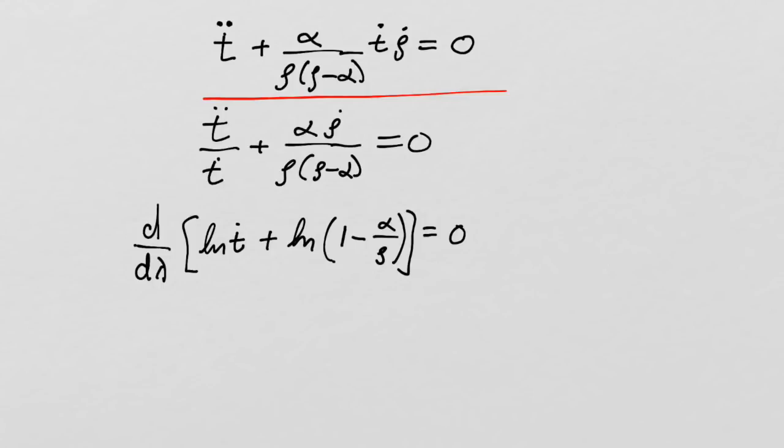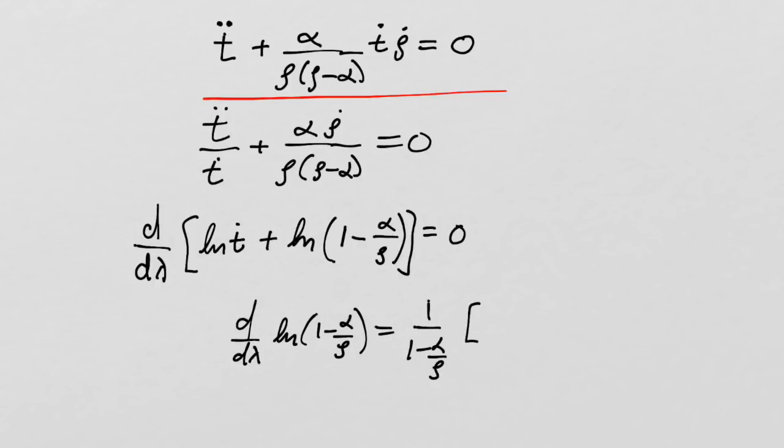Okay, so how do we know? Well, d by d lambda of ln of 1 minus alpha over rho is, the derivative of the log is 1 over 1 minus alpha over rho times the derivative of the inside, which is minus minus, which is plus alpha over rho squared rho dot, right?